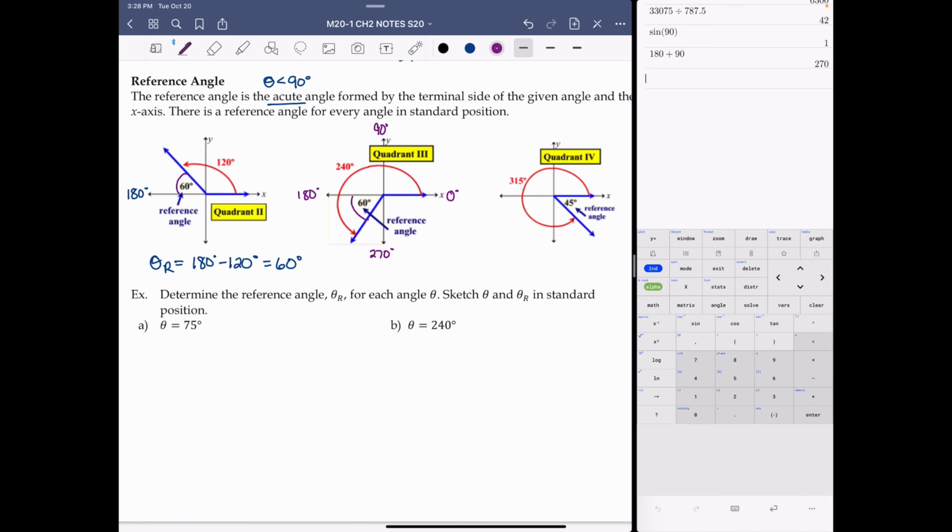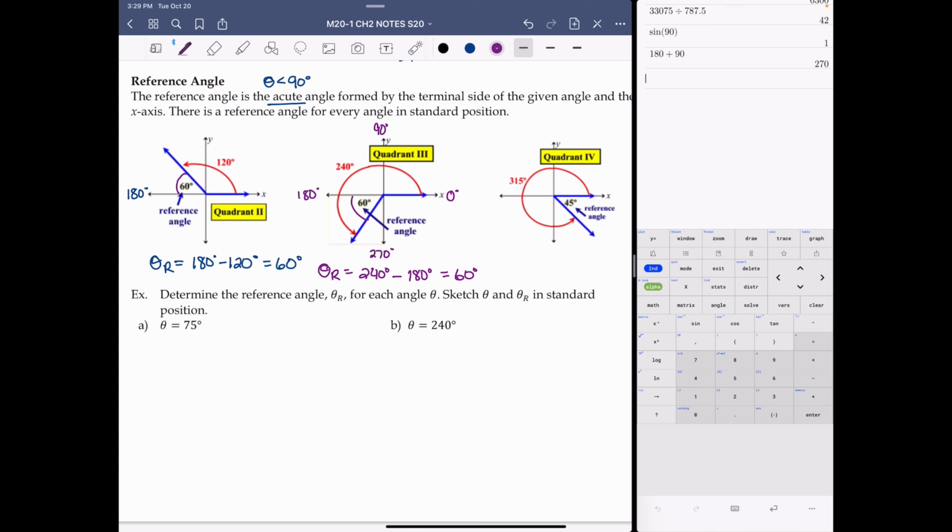If we want to find the reference angle, if we didn't know that it was 60, but we knew that our angle was 240, in this case, we need to subtract the portion of our angle that is in quadrants 1 and 2. So subtract 180 from our angle to get our reference angle. Theta r equals 240 degrees minus 180 degrees, which equals 60 degrees.